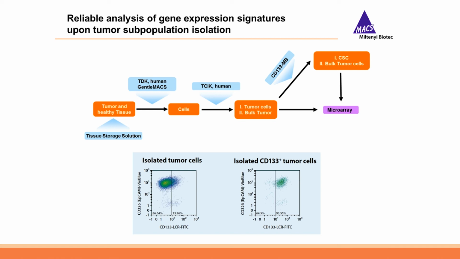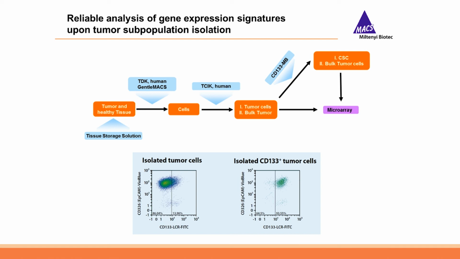So we have just concluded a small study where we have isolated a tumor subpopulation, CD133 positive tumor cells from ovarian carcinoma. And usually what is mostly published and what most people are doing, they take the bulk tumor, dissociate it, and straight go on for isolation of their CD133 positive tumor subpopulation or CD44 positive, 24 negative population.